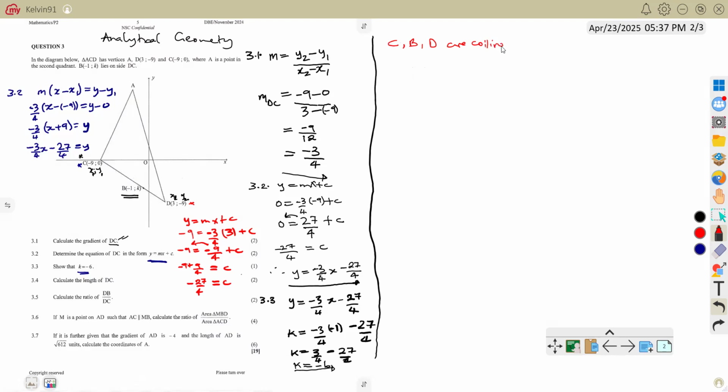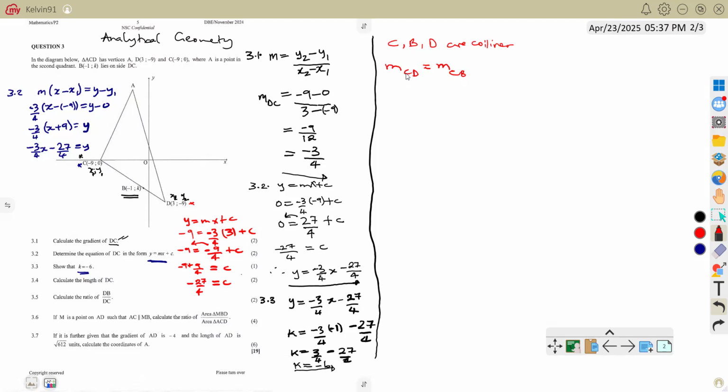That is the alternative way for that one. It therefore means the gradient of CD must be equal to the gradient of BD or CD, any that you decide to take. So we can say it will be equal to the gradient of CB.